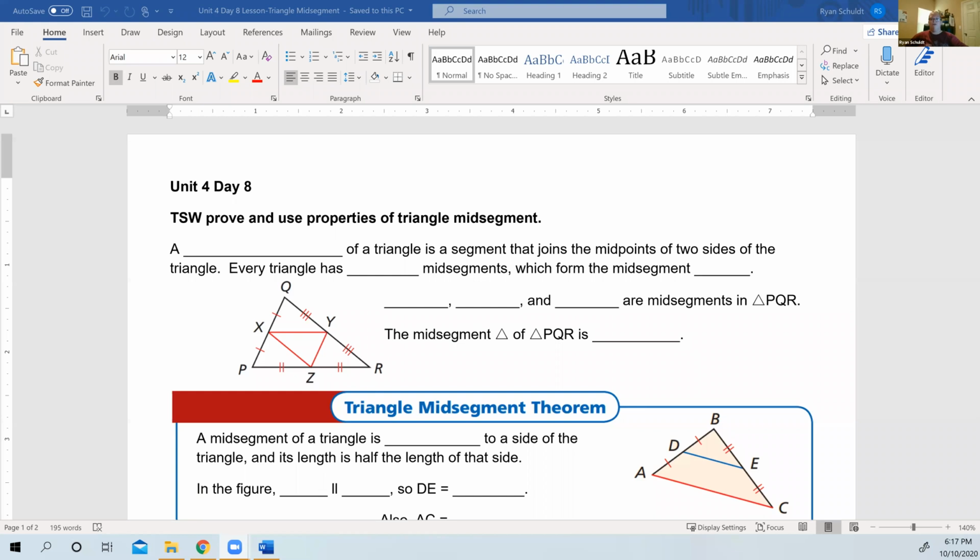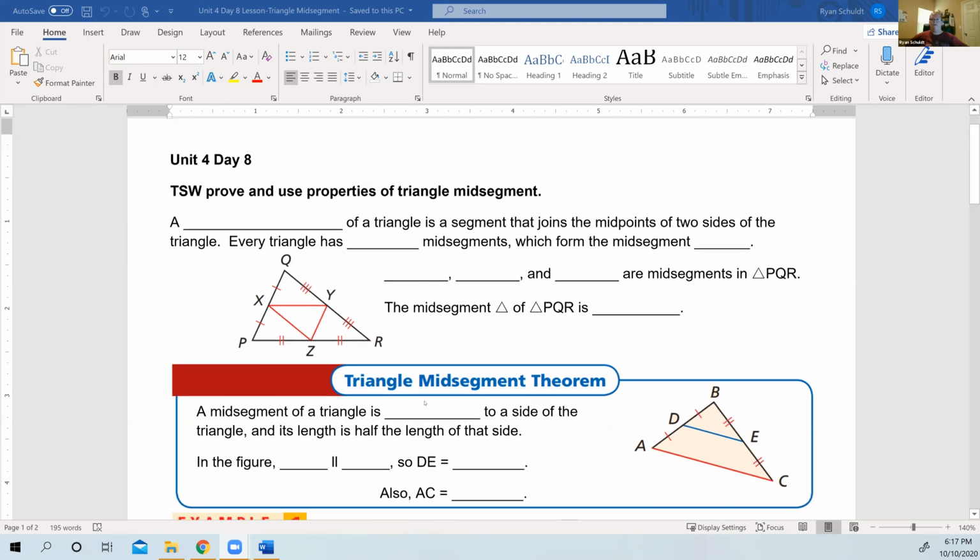So today, while I'm getting my screen share all set up, we're going to look at properties of the triangle midsegment, and then we'll also do other things with it. So we have the midsegment theorem that we're going to look at.